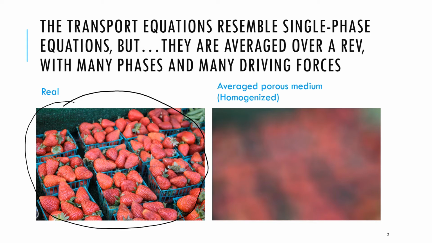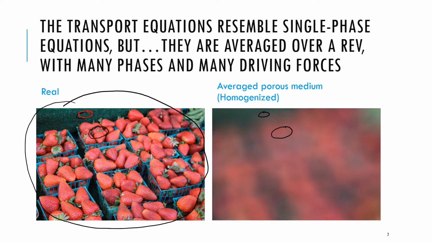So the net result is, let's say here on the left side there are strawberries, then there are brighter red regions where there are no strawberries, like right here, and that place is darker.